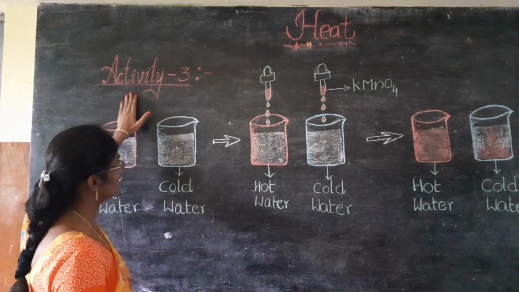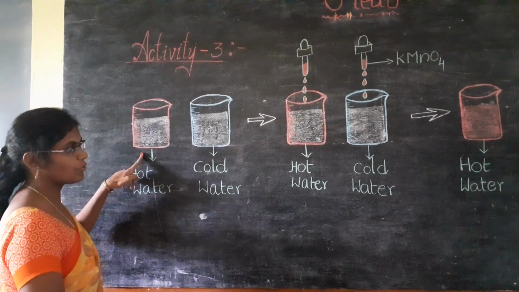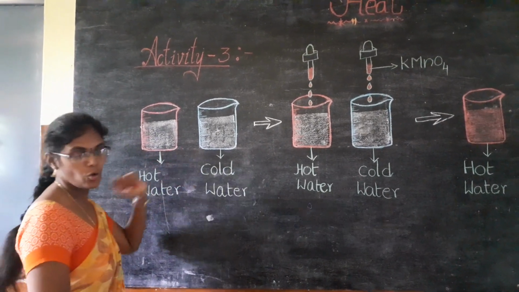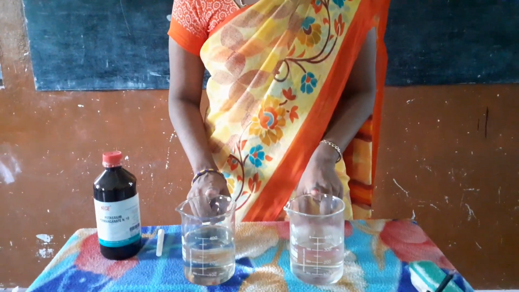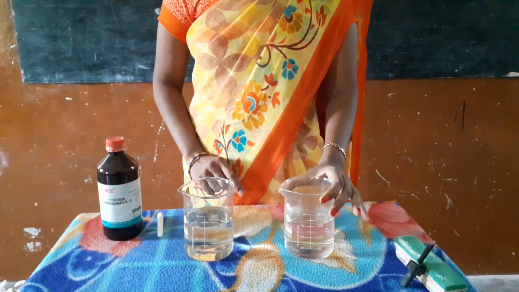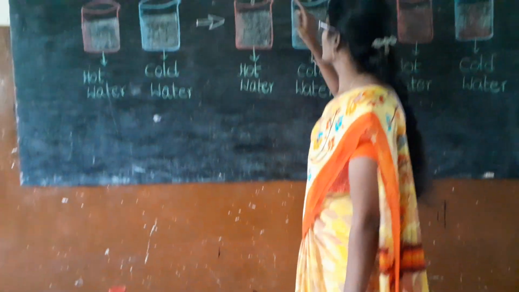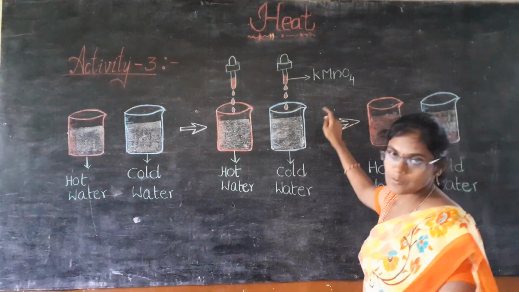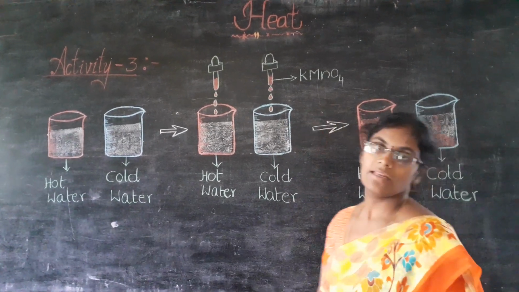Children, our next activity is activity 3. Take 2 beakers and fill one with hot water and another with cold water. Look here. Here I have taken 2 beakers and I pour hot water in the left beaker and cold water in the right beaker. Now add a few drops of food color or potassium permanganate liquid.